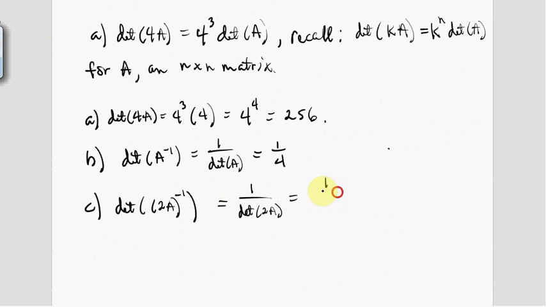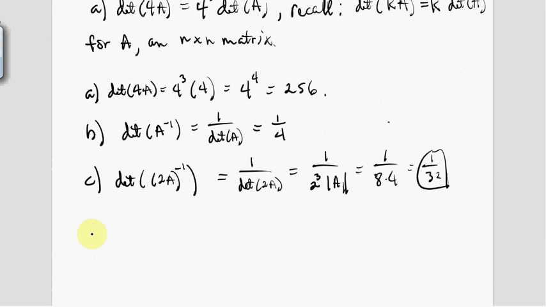So this is 1 over 2 to the third, because it's a 3 by 3, times the determinant of A. So this is 1 over 8 times 4, get 1 over 32. Okay? Any questions there? Now I'm going to switch it up.